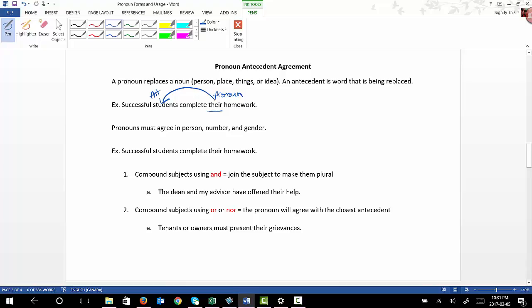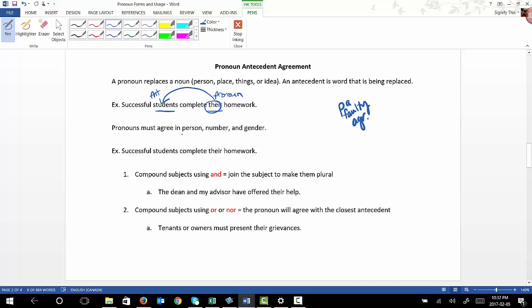Quite often when I'm marking and I see a faulty pronoun-antecedent agreement, I will do something like this. I'll write "pronoun antecedent faulty agreement." And then you should know that this pronoun isn't matching this antecedent.